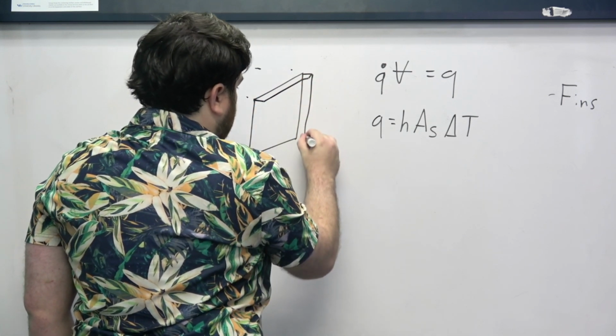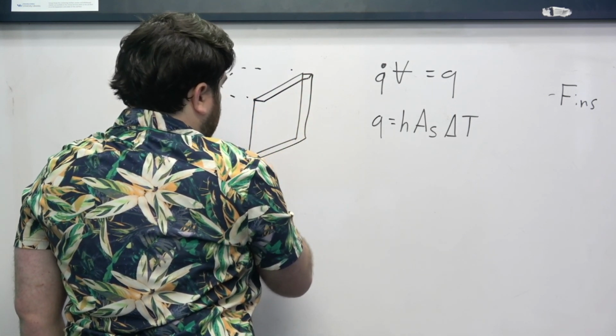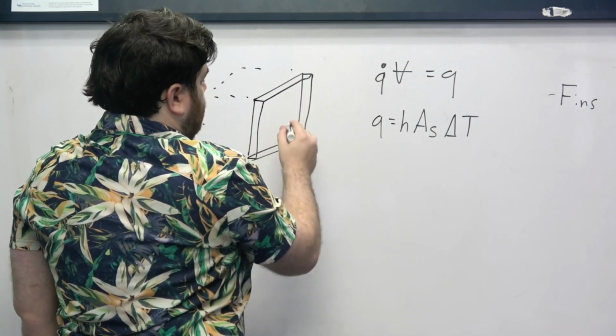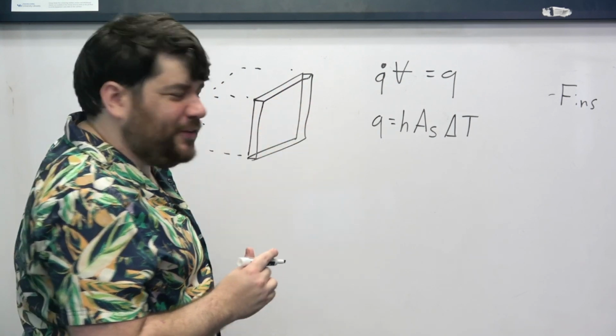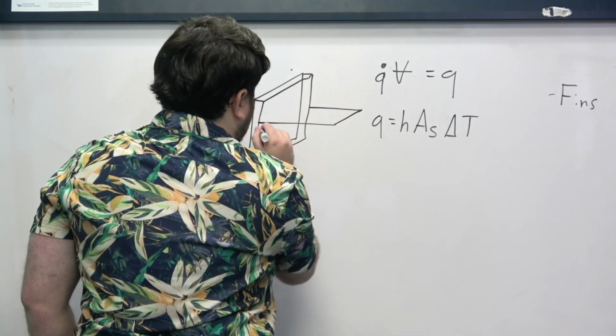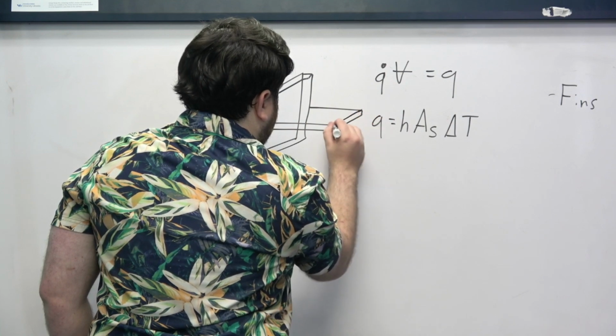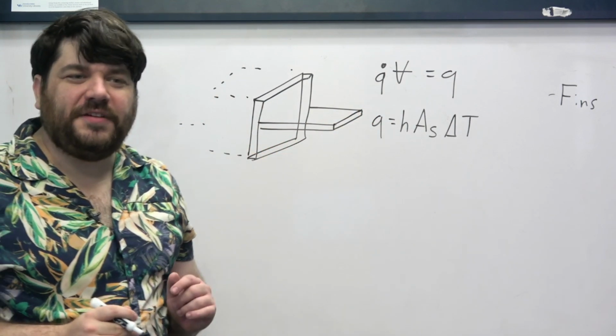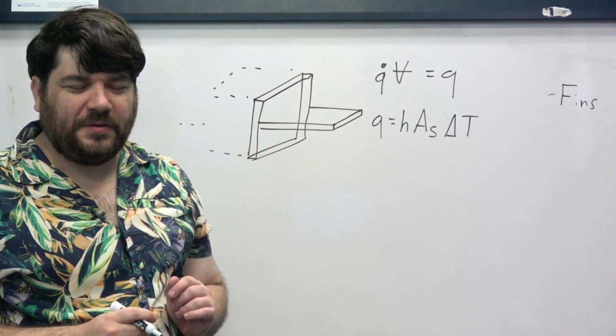So what if we make something that looks like this? Once again, this is a horrible drawing, so I apologize. But we just attach this plate, and this plate has a fin sticking out of it, okay?